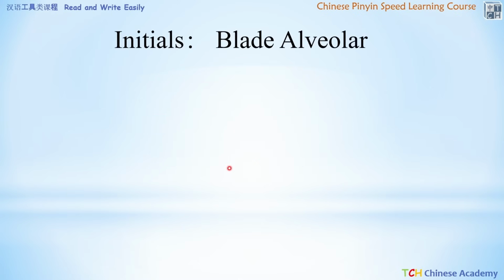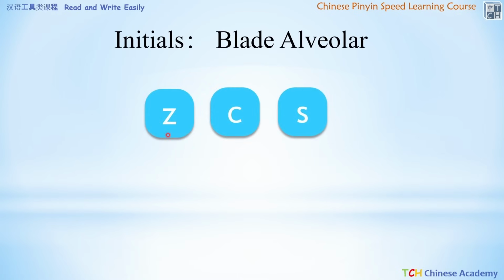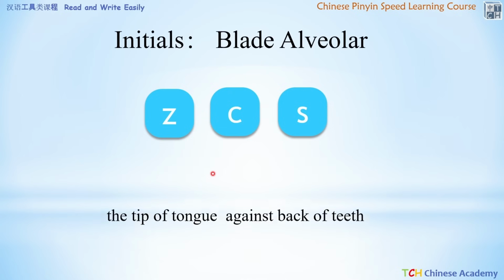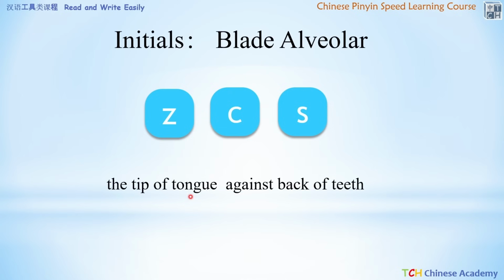In this video, we're working on the blade alveolar initials, and they are z, c, s, and we group these 3 together as the blade alveolar because when we pronounce them, we need to place the tip of our tongue against the back of our teeth, which is the alveolar part.